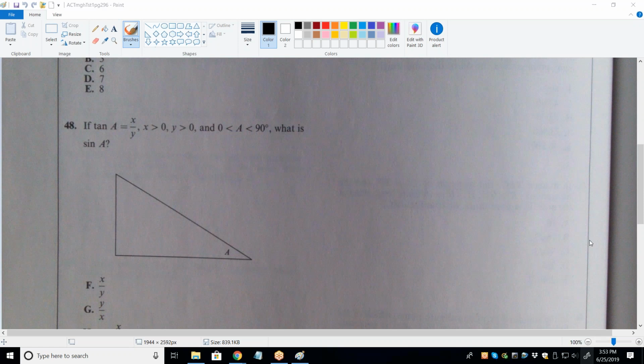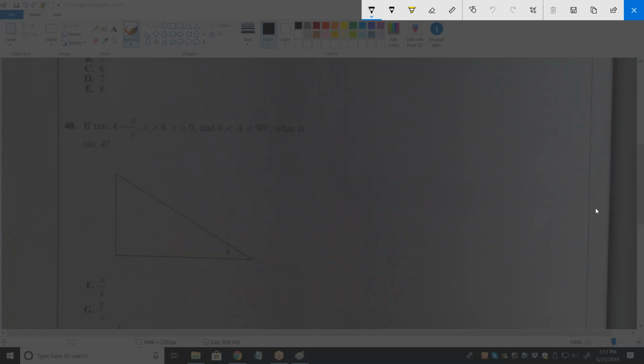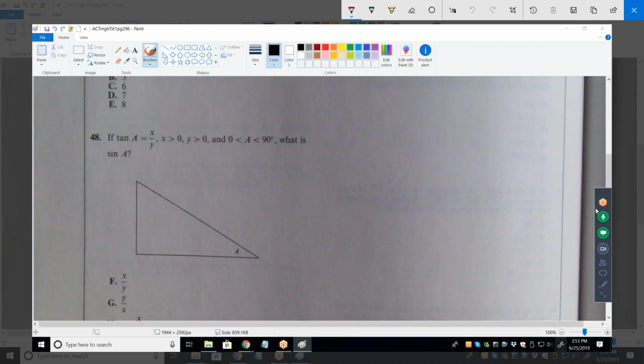So what's the first step here? Label the triangle. Yeah, try to put dimensions on that triangle. That's right. So we can label the side opposite A as x and the side adjacent to A as y. Now what's the hypotenuse?